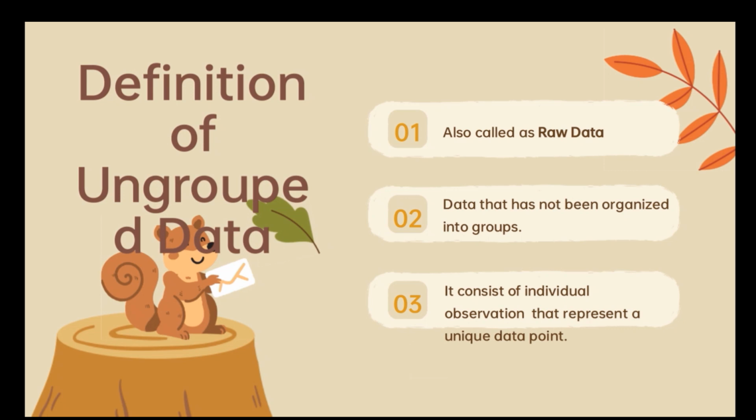It has not undergone any form of analysis, transformation, or organization. Raw data can come in various formats such as numbers, text, images, or any type of data. The data has not been organized into groups. It consists of individual observations that represent unique data.